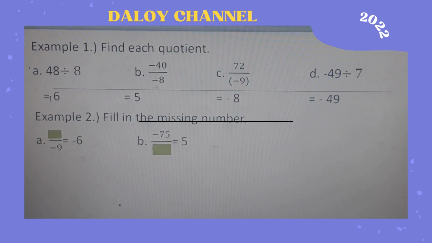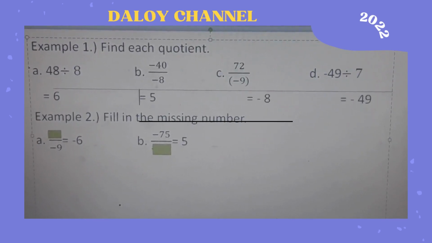Now we shall discuss examples of finding the quotient, implementing the rules. To divide positive 48 by 8 is equivalent to 6. To divide negative 40 by negative 8, that is equivalent to positive 5.